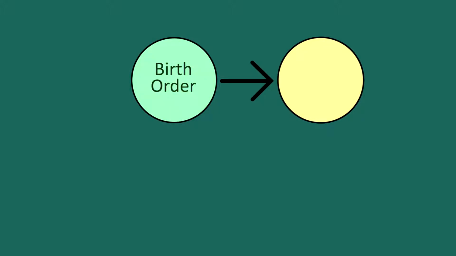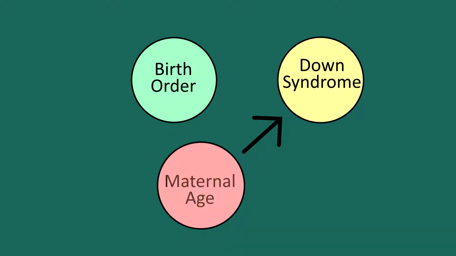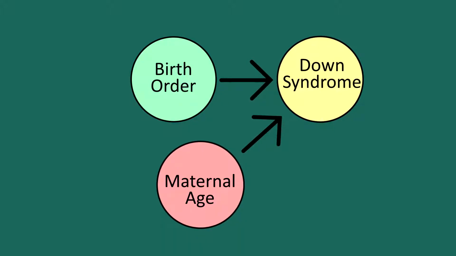In these examples, it's possible that the association between a child's birth order and risk for Down syndrome could be confounded by maternal age. Alternately, the association between maternal age and Down syndrome might be confounded by birth order. Or, both birth order and maternal age might independently predict the likelihood of a diagnosis of Down syndrome after controlling for each other.